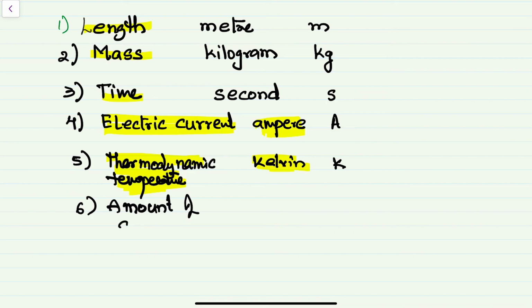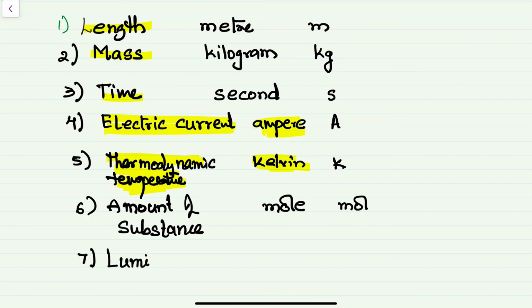Amount of substance is measured in moles. The 7th and last one is luminous intensity, for which candela is the unit, symbol cd.